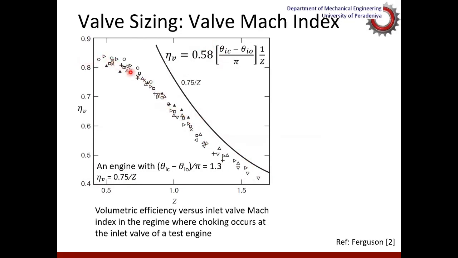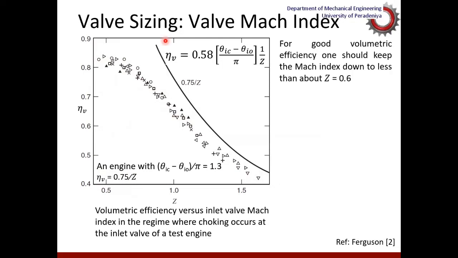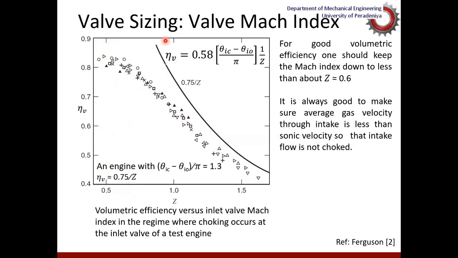And if you look at the real experimental values, it is always good to have high volumetric efficiency. Volumetric efficiency around 80% could be achieved if the value of Z is, let's say, around 0.6. So in this region, 0.5 to 0.6, you get the maximum volumetric efficiency. So it is good to have this Mach index around 0.6.